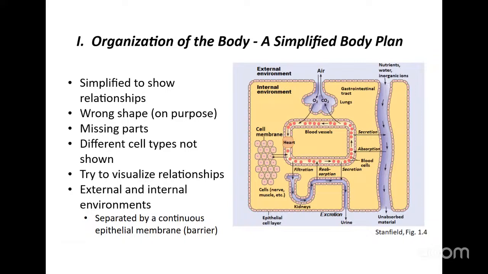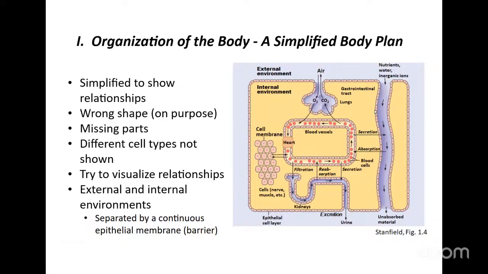This is color coded in this image to depict external versus internal from a physiological perspective. We can see that that epithelial membrane, that lining, isn't just where you would think of as being the skin. We can also see it lining down into our lungs, and down here into our gut tube.